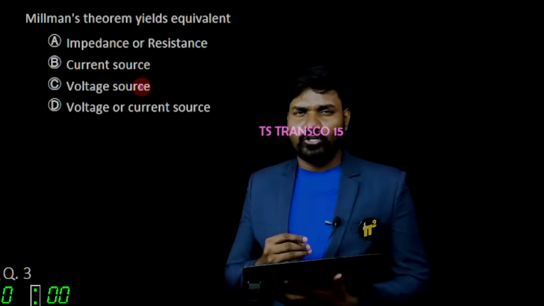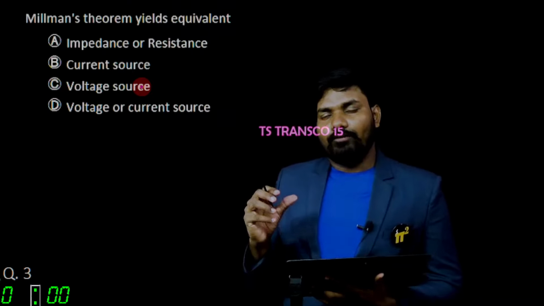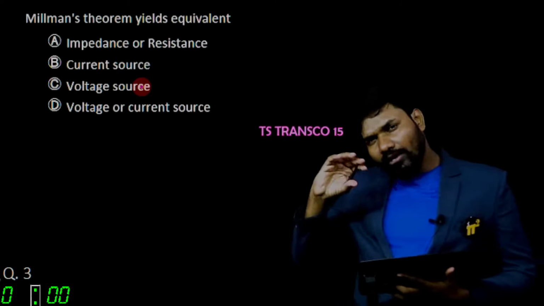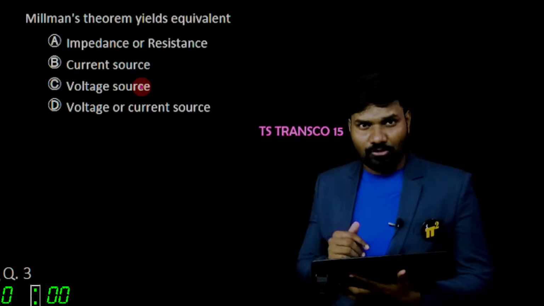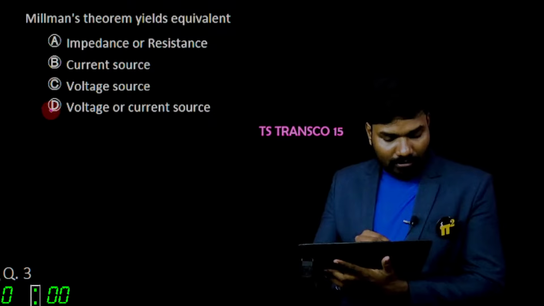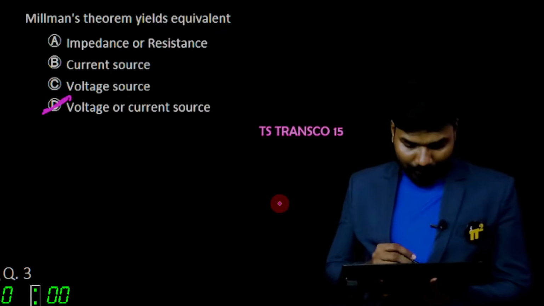In the previous video also I discussed this. It is not just for a voltage source or a current source. We can use it for a voltage source as well as the dual of that voltage source. If you do that, you will get the current source. I discussed that with the help of a diagram. So either it can be a voltage source or maybe a current source. Okay, good.